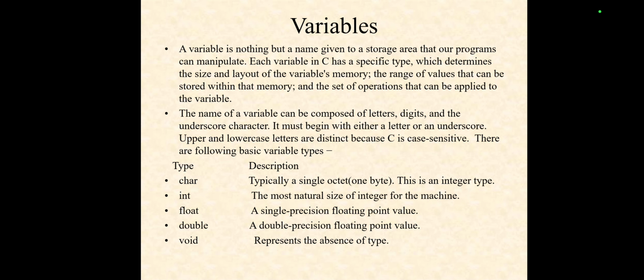Again, another data type is float. If there are precision values or fraction values included in the variable, then we have to use float. For example, to find the area of a circle, the value of pi is 3.14, and multiplying 3.14 by r square, the radius square, the answer will most probably be a fraction with precision points.